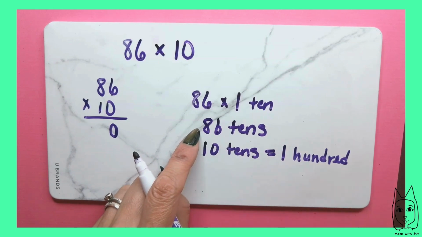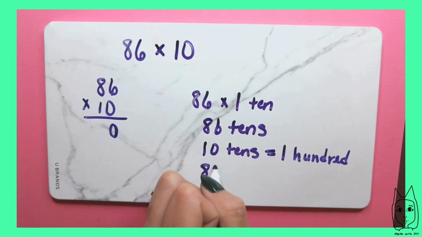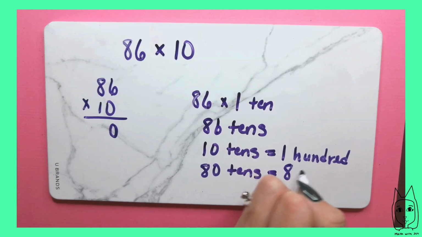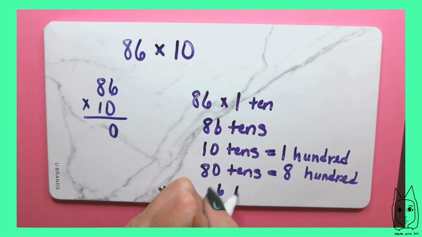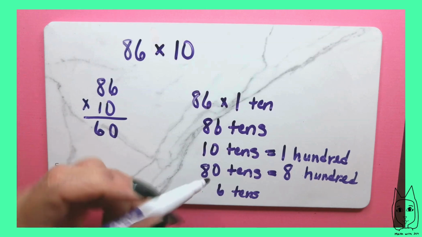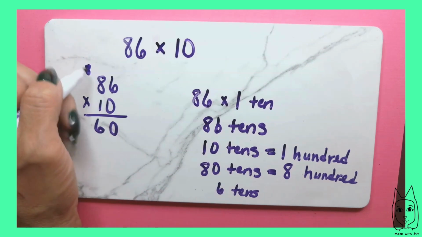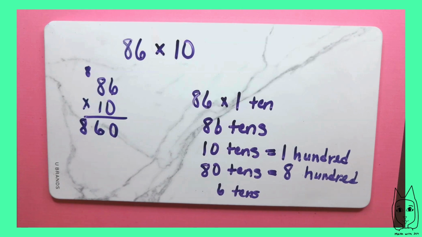Because I have 86 tens, I can take 80 of those tens to make 800, and then I will have 6 of those tens left over. Those 6 tens I get to write in the tens place. The 80 tens is now 800, moved to the next place value, and that's going to give me 860.